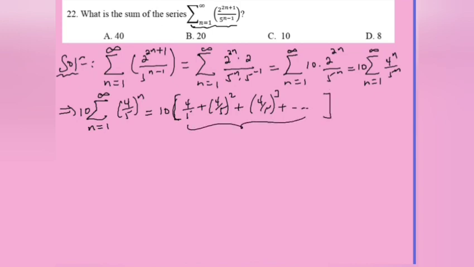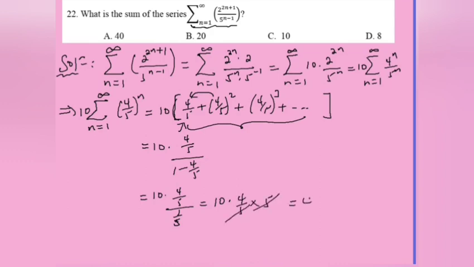Definitely this is an infinite geometric series where the first term is 4 over 5 and the common ratio is 4 over 5. So the first term over 1 minus the common ratio means 10 times (4 over 5) over (1 over 5). Okay, so this can be written as 10 times 4 over 5 times 5, which is 40. So the sum of this infinite series is 40.